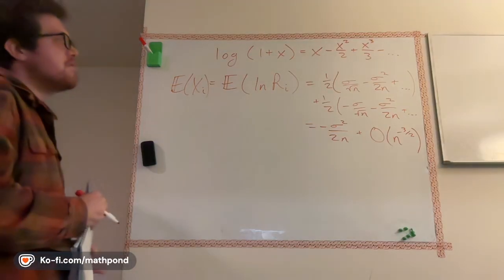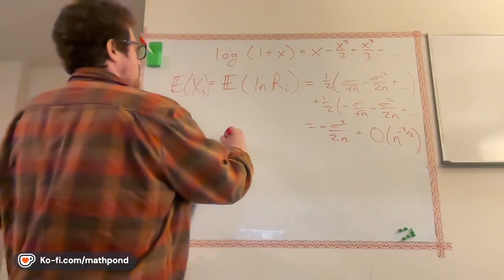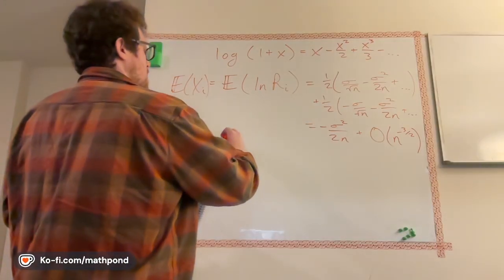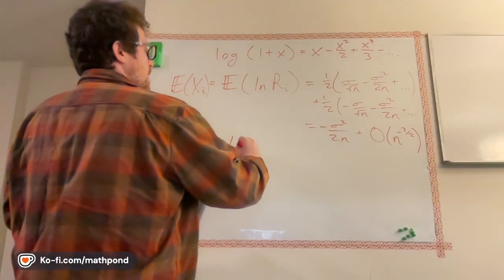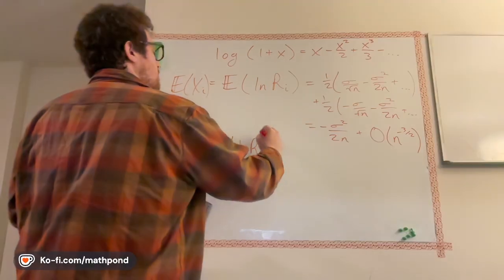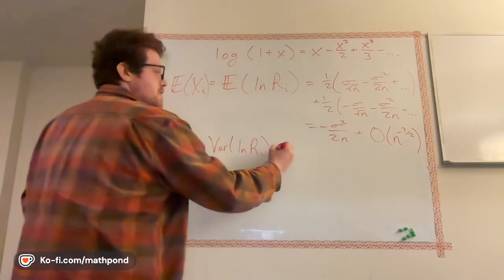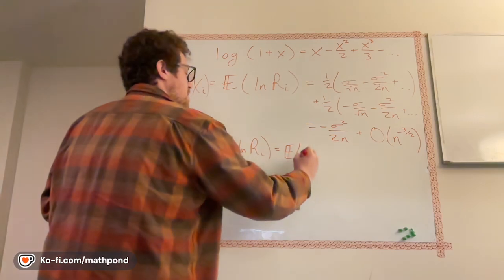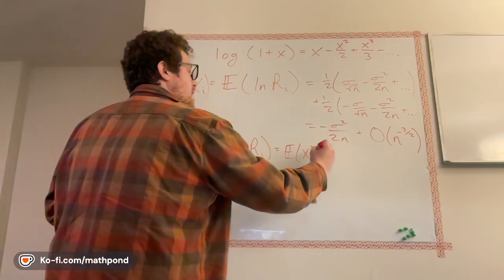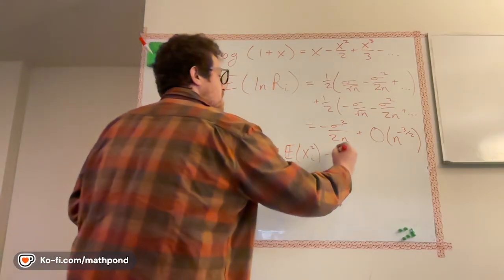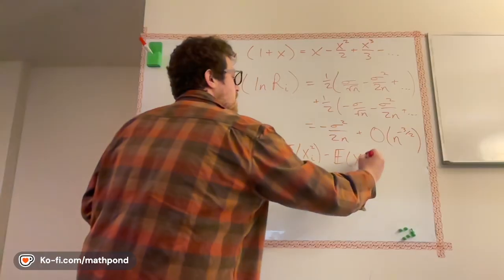And also for the variance, we have something very similar. So the variance, remember we proved a property that this is the expected value of xi squared minus the expected value of xi, squared.